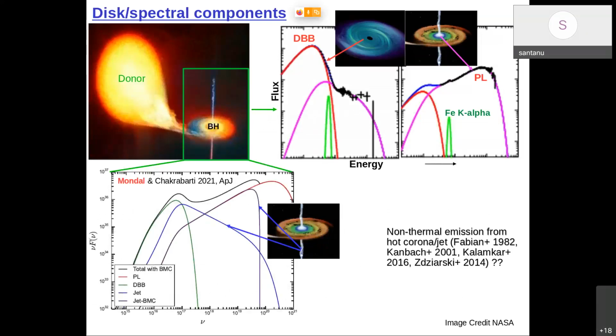So as I said, today I will talk about this isolated black hole only. When it is cold, that is in the quiescent state, the spectrum is mainly dominated by the disk blackbody component.